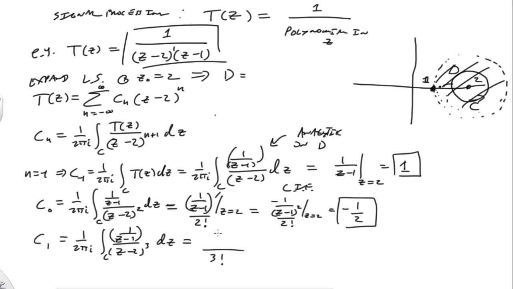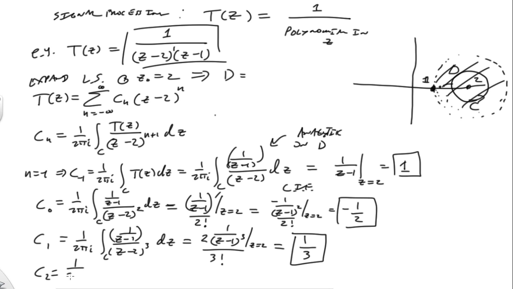So that becomes 2 times 1 over (z minus 1) to the 3rd power, all evaluated at z equals 2, and that becomes 1 over 3.